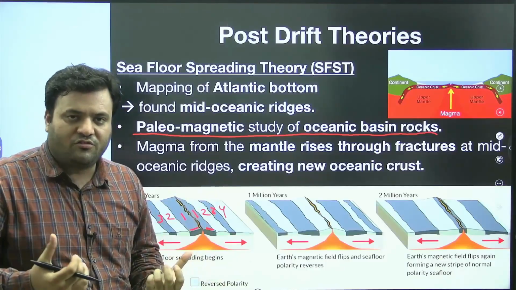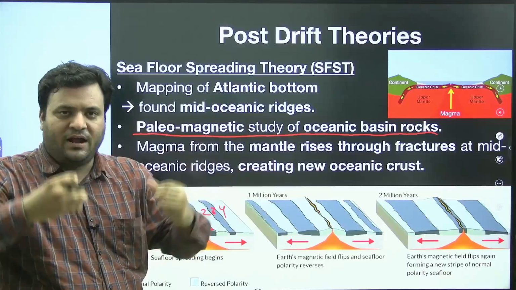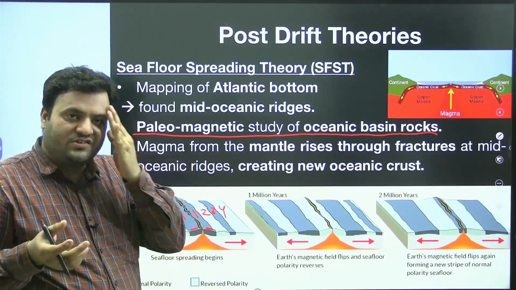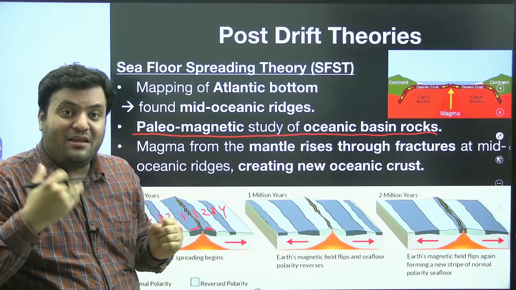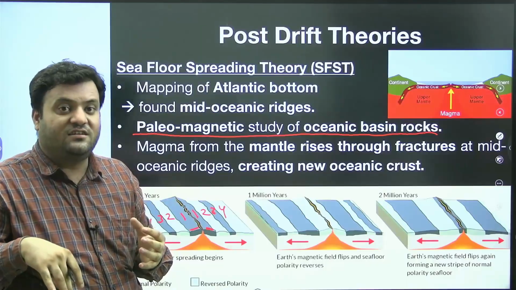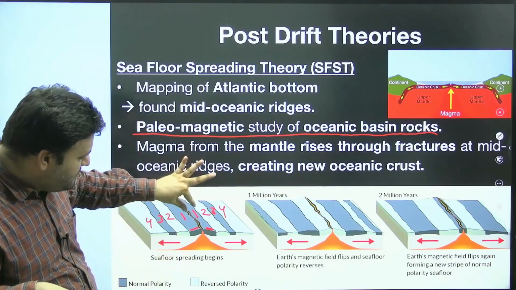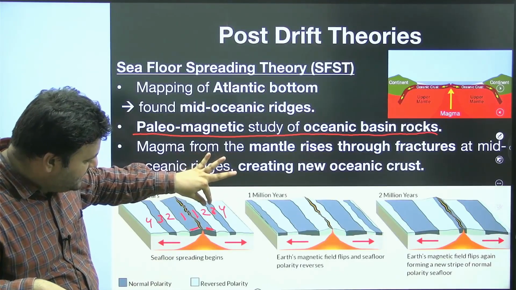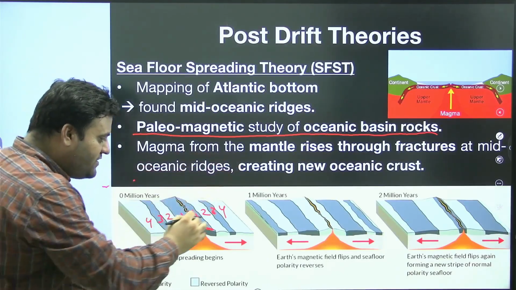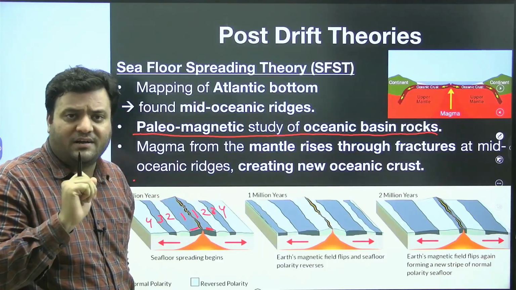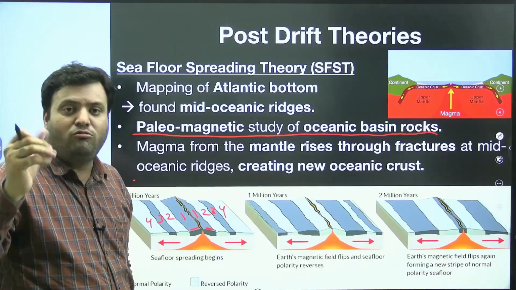Those rocks were taken from the oceanic floor, the Atlantic, and they were studied. These paleomagnetic studies suggested that the rocks taken from the first sector, second sector, third sector, four sector, all of these rocks had the same properties as their similar counterparts.